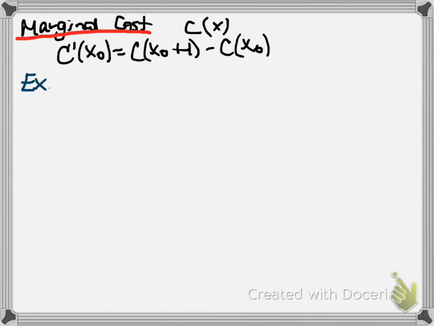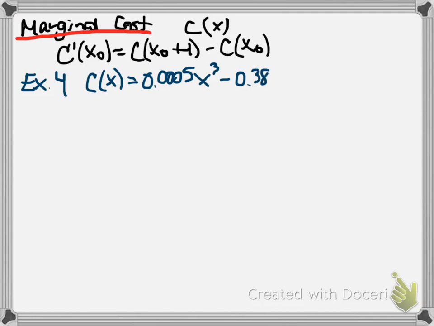On example number 4, which is the cost of an air flight, a certain company's data suggests that the total dollar cost of a certain flight is approximately C of X, which equals 0.0005 x cubed minus 0.38 x squared plus 120x, where x is the number of passengers.